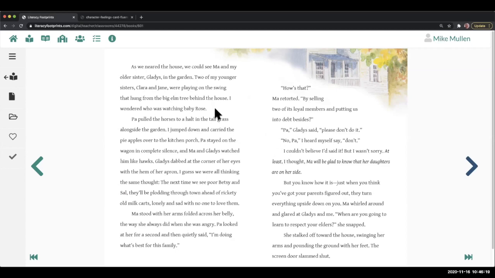So, except for Paul, what is the family feeling on this page? This is the last time we're going to do it, but I want you to write on your whiteboard what feeling the family is feeling. Not just Emmy this time, but the family. What are they feeling?